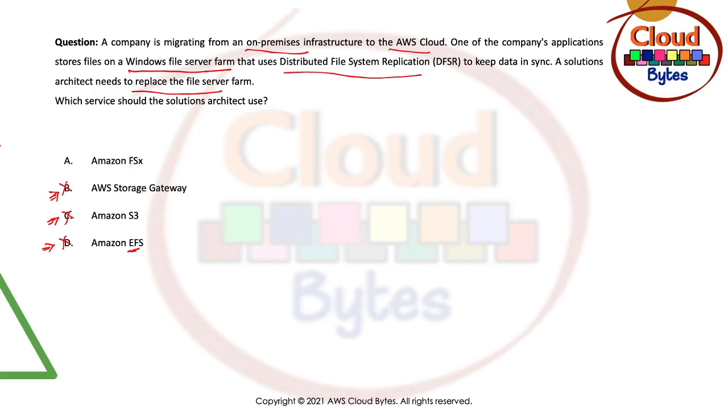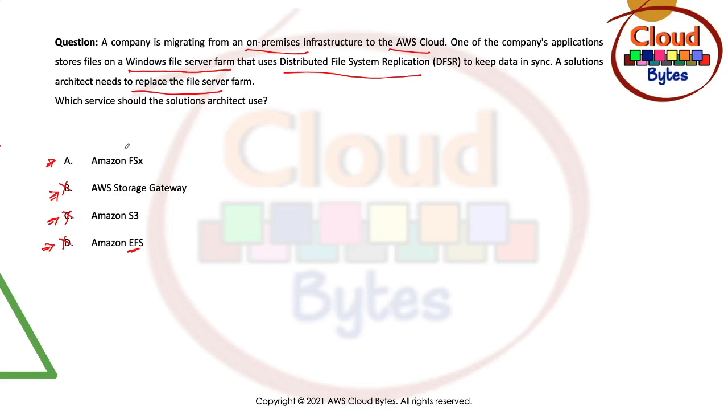Now let's look at the option that is most viable over here, and that is FSx. Amazon FSx for Windows File Server provides a fully managed, highly reliable file storage system that is accessible using the industry standard SMB protocol, which is Server Message Block protocol.